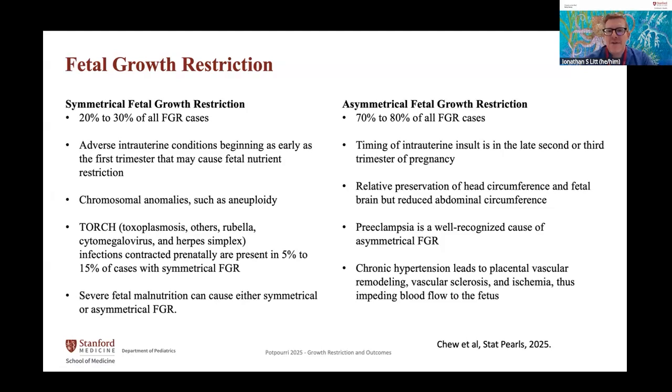Contrast that with asymmetrical growth restriction, where head sparing is more common. The timing is thought to be later in pregnancy, but not always, with relative preservation of head circumference and brain growth. Preeclampsia is a well-known precursor to this, as well as chronic hypertension.